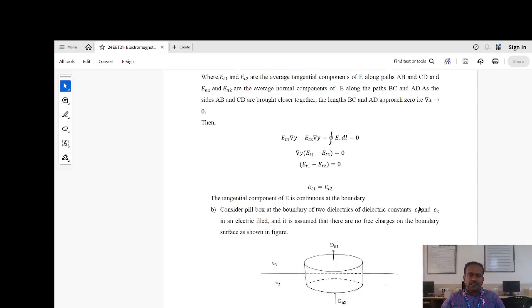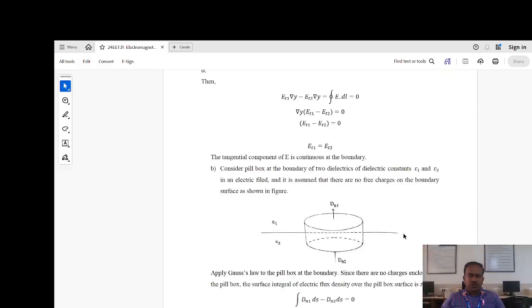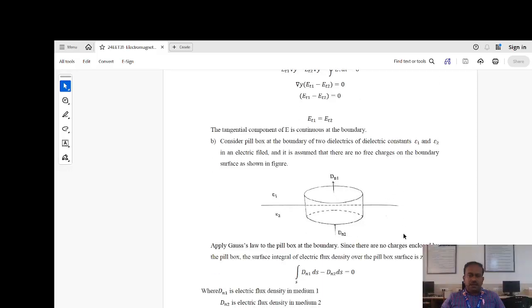For the second consideration, consider a pillbox at the boundary of two dielectrics with constants epsilon 1 and epsilon 2 in an electric field, and assume there is no free charge on the boundary surface as shown in the figure. We have Dn1 and Dn2 on the two sides. Apply Gauss's law to the pillbox at the boundary. Since there is no charge enclosed by the pillbox, the surface integral of electric flux density over the pillbox surface is 0.